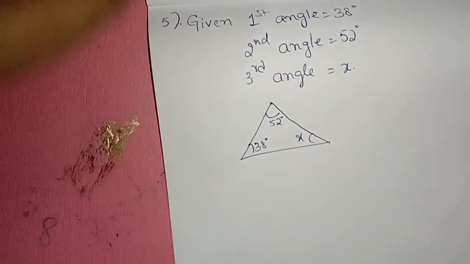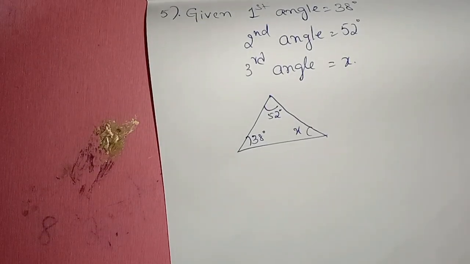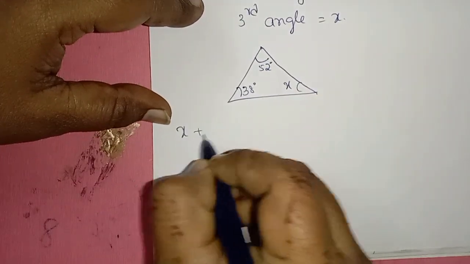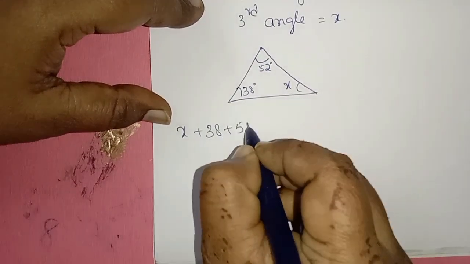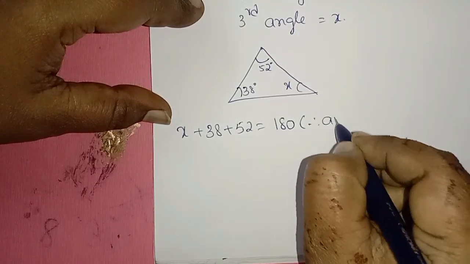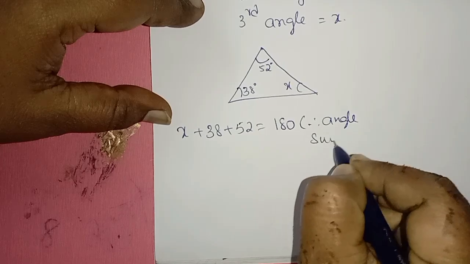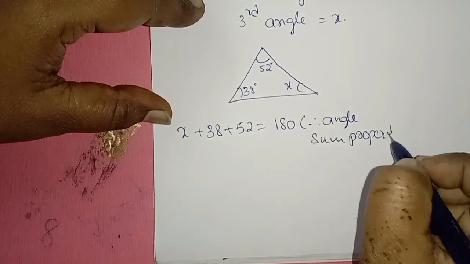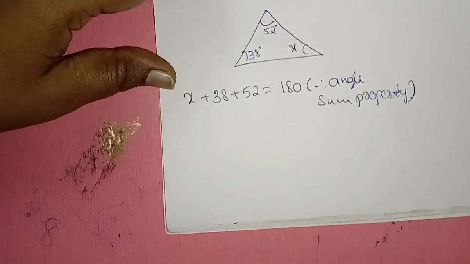Right? So already we know that the sum of the angles in a triangle is equal to 180 degrees, right? x plus 38 plus 52 equals 180 as per the angle sum property. Every time we have to mention which property you are applying, right?